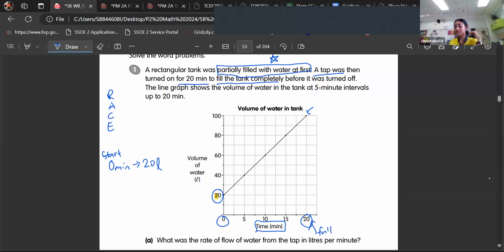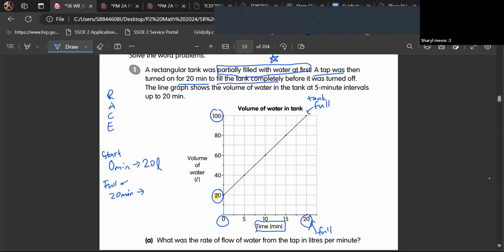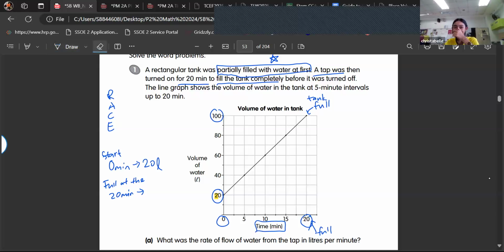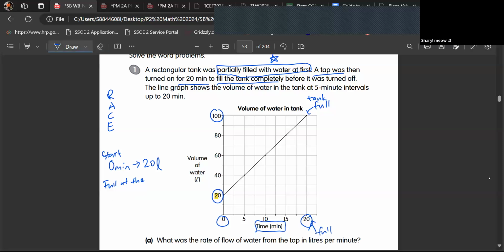Thank you very much. This is when it's full. The tank is now full. The tap went on for 20 minutes and now it's full. So it stopped at the 20th minute.